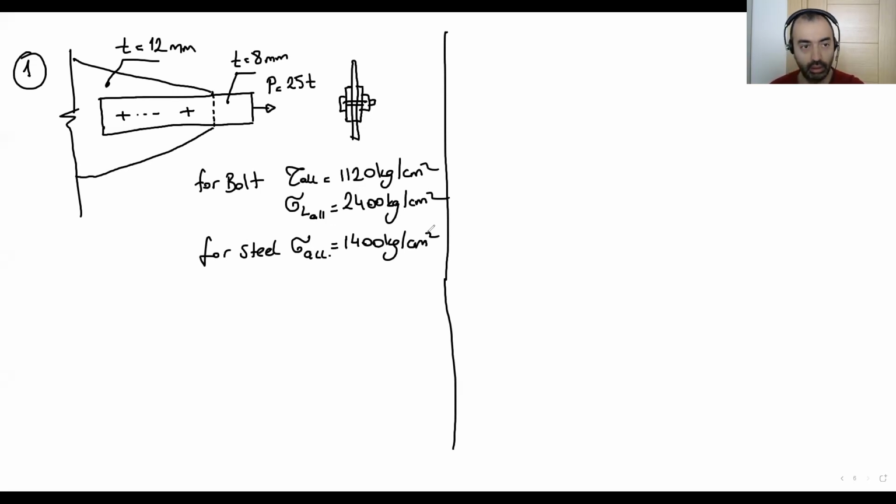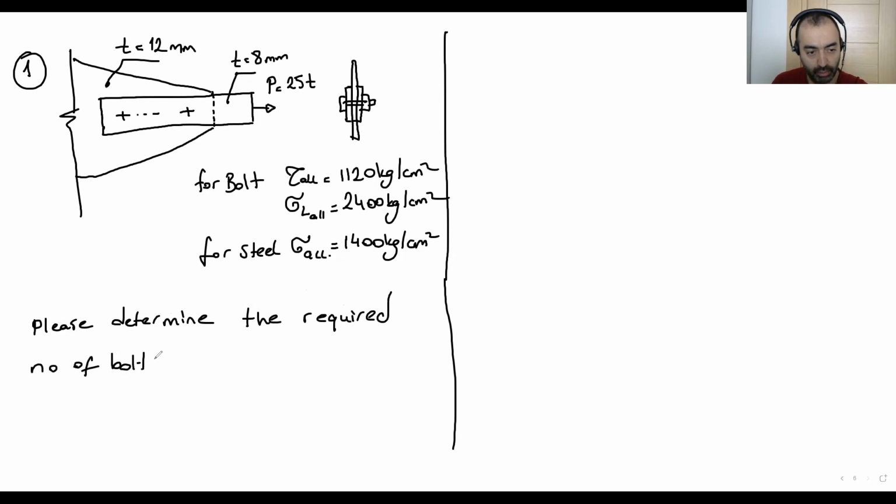Now, here, determine the bolt quantity, number of bolts to transfer load P safely. Okay. This question asked to us.